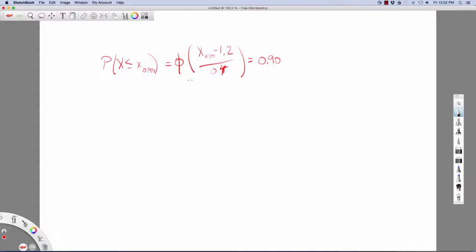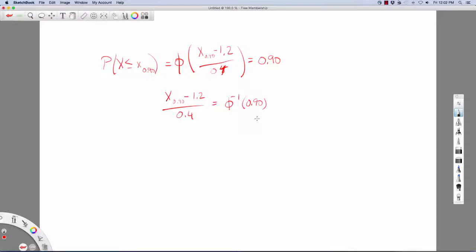If we take the inverse of both sides, the inverse of the CDF function is simply everything in parentheses. So x at the 90th percentile minus 1.2 divided by 0.4 is equal to the inverse CDF function of 0.90.